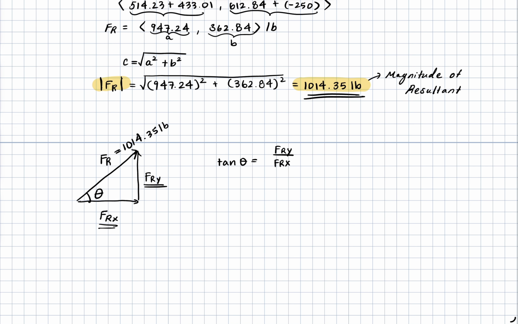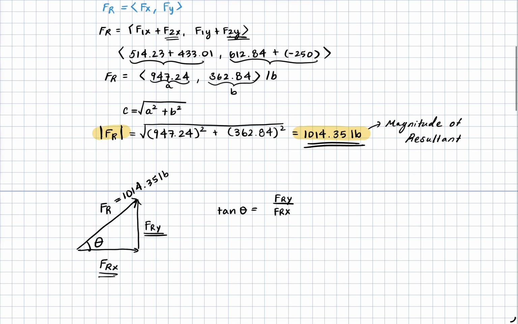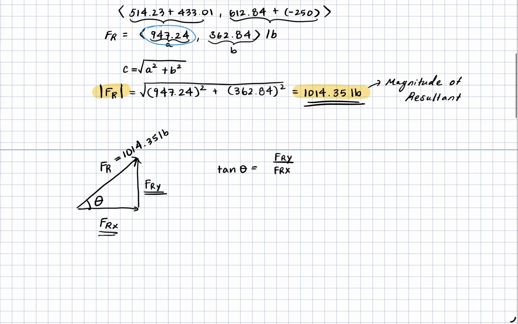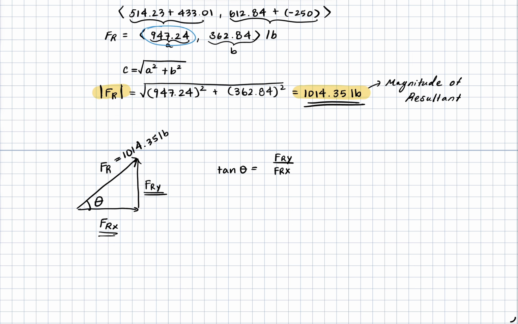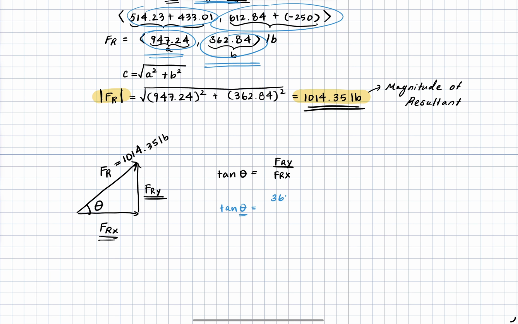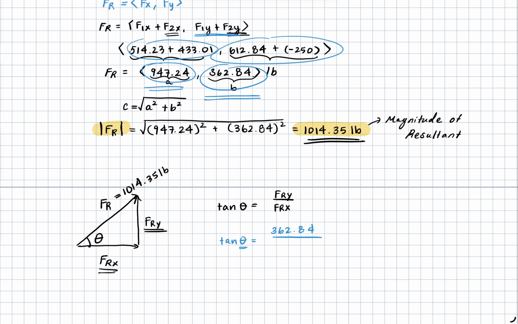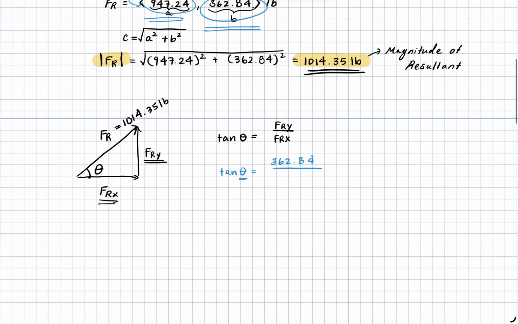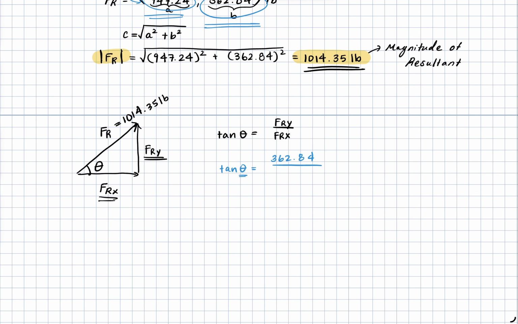So doing so, we know that FRx is calculated over here as 947.24. So tan theta equals 362.84 divided by FRx, which is F1x plus F2x, which gives us 947.24.